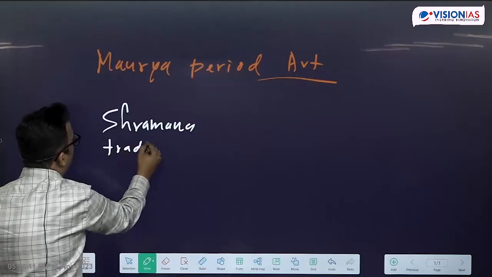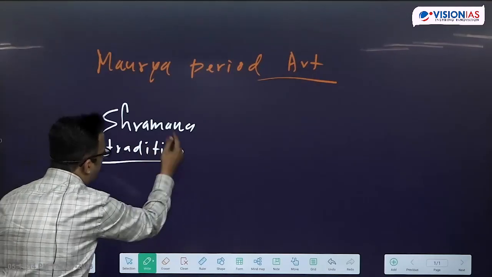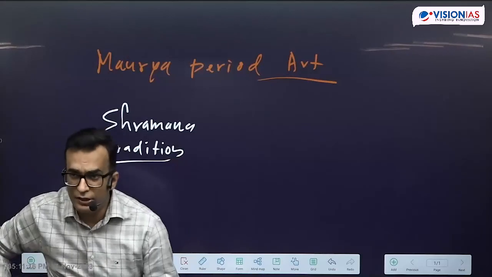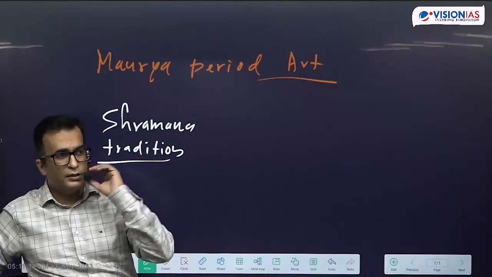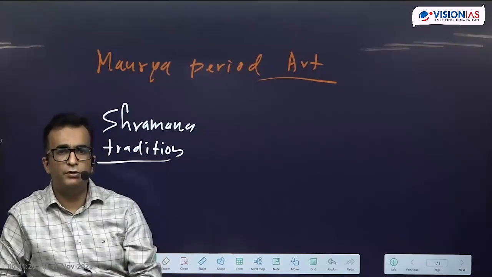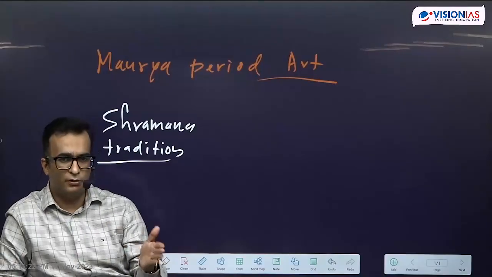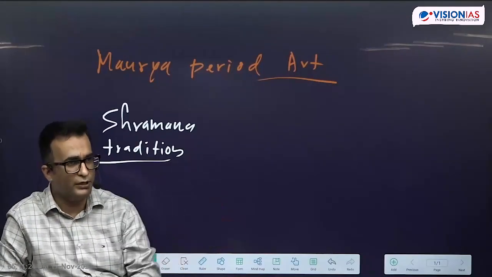Before talking about what we have written, just listen. Shraman tradition. This was a movement which got initiated at the rear end of the later Vedic period.